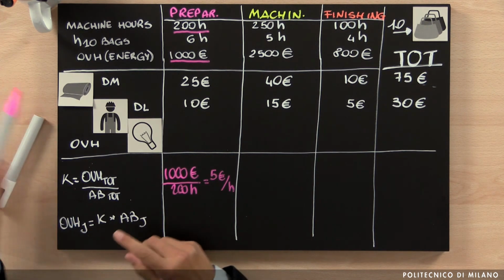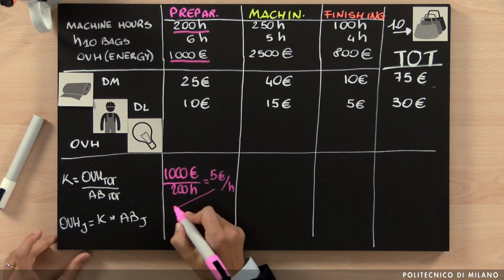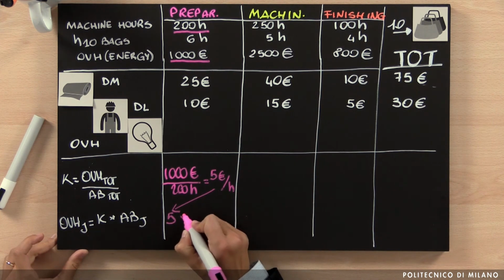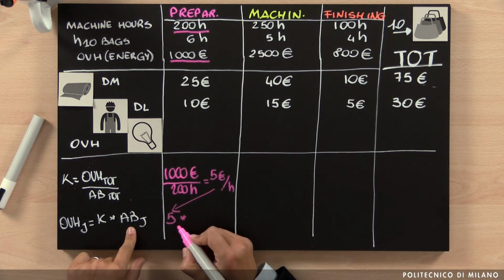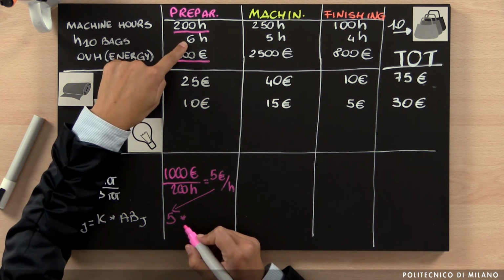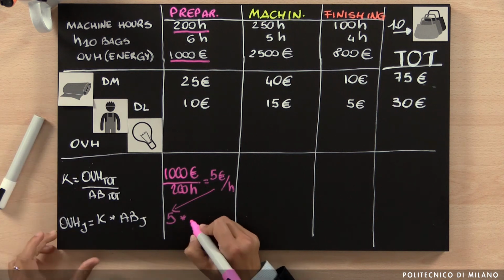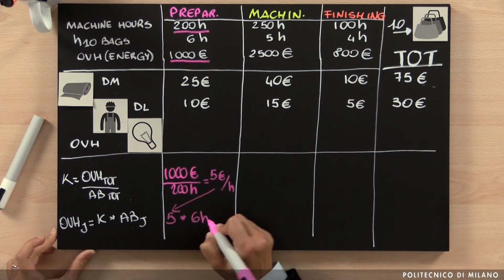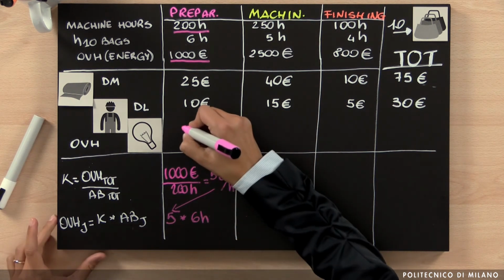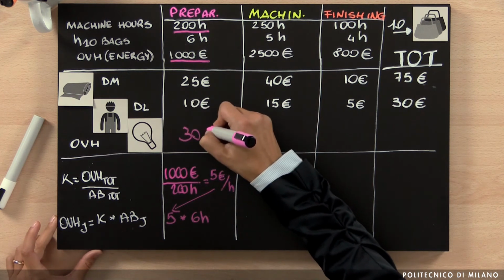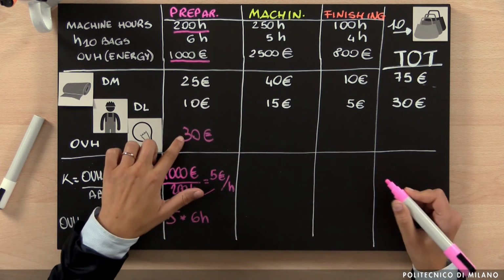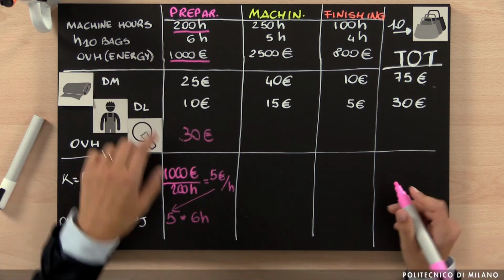So we will have 5 euros, so this value 5, that should be multiplied by the allocation basis of our job. We need 6 hours of machine hours in order to realize the 10 bags. So if we multiply this by 6 hours, we will obtain 30, and 30 represents the portion of the overhead that is assigned to our job within the preparation department.